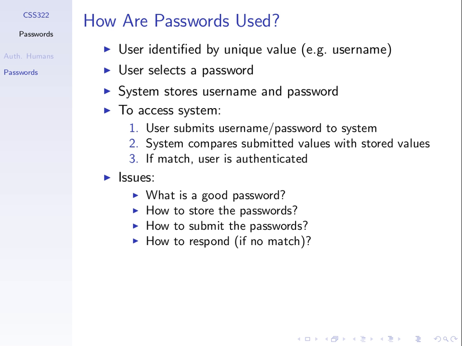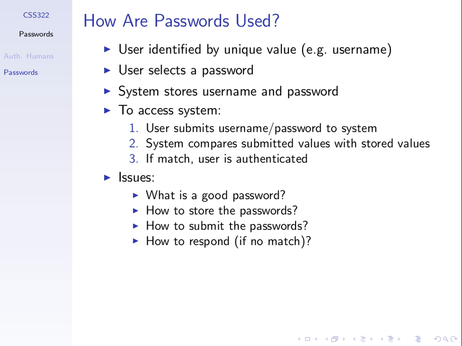So now when a user wants to access the system, they submit their username and password. In the database is the set of usernames and the hash values of the passwords, not the passwords. User 1 supplies their password and sends it to the system.